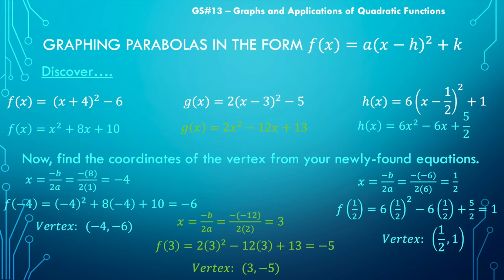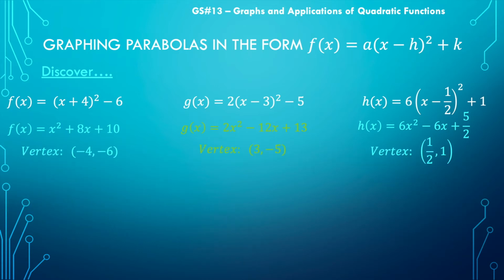Okay, so we're almost done with this process, and I promise there's a reason why we're doing this, okay? All right, so next thing we're going to do, we're going to look at the vertex that we found from the standard form and compare it to our original form of our equation.